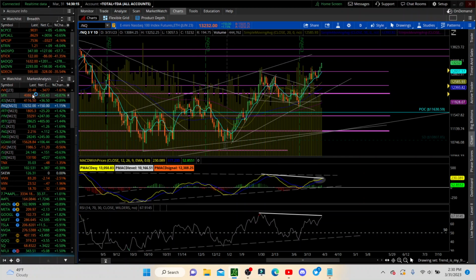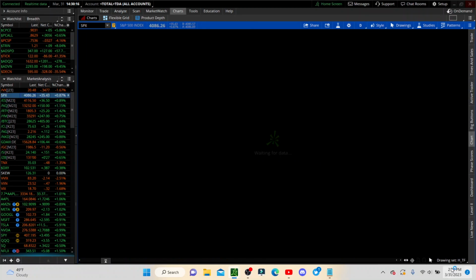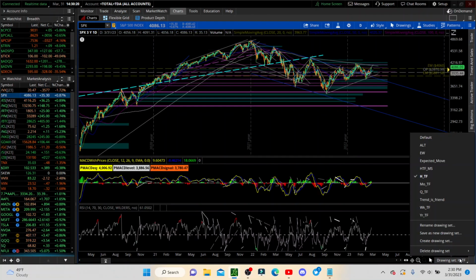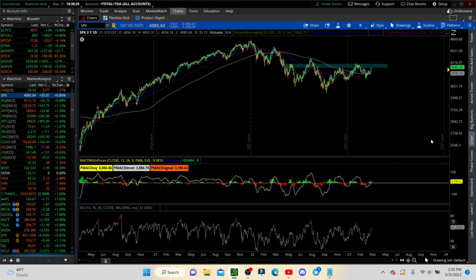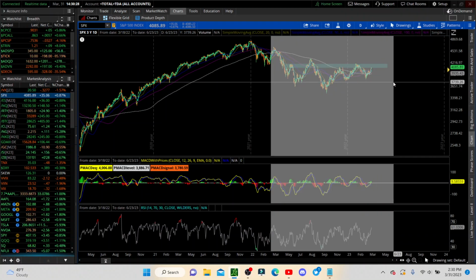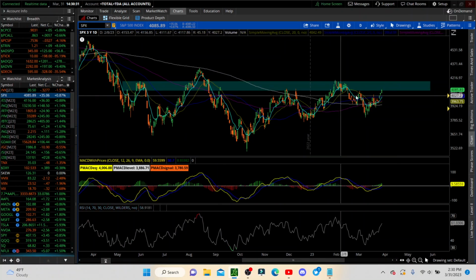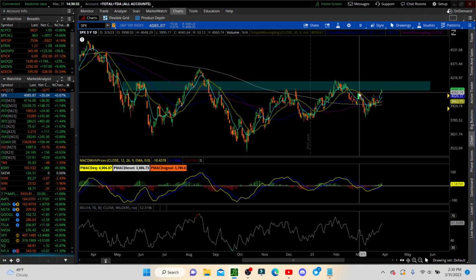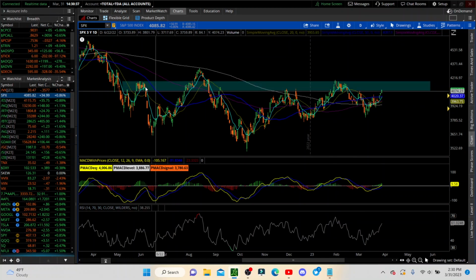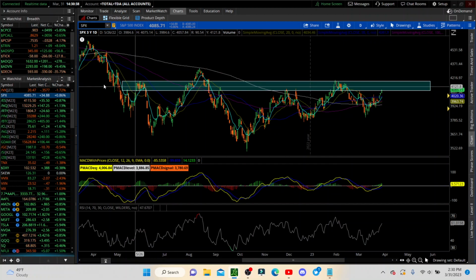I had something to show on the SPX. Let's go to just a clean chart. So on that clean chart, I just want to show we did a video on this back in the day when I believe in this area. It could have been when we were consolidating here, but what we did, and this goes beyond too in the past, but you see this consolidation area?